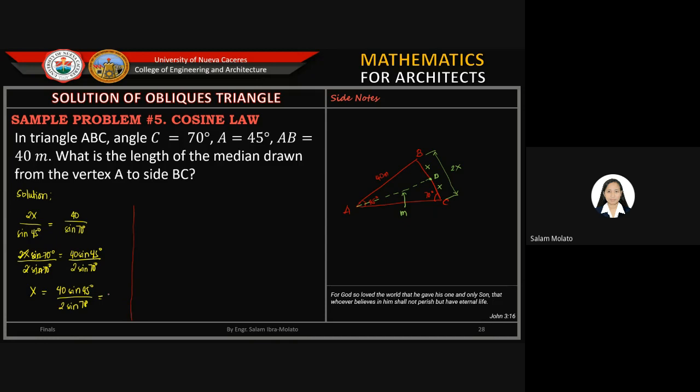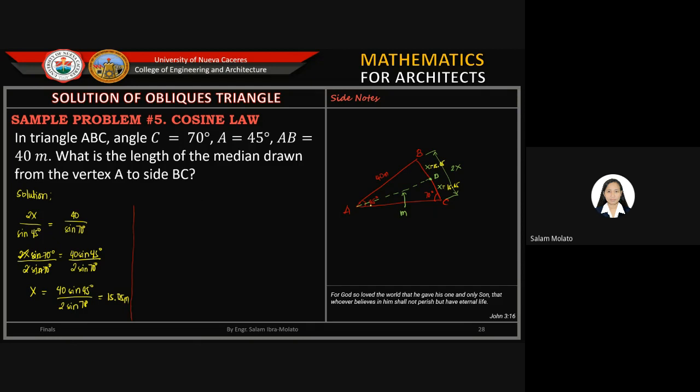Okay, it will give you ilan? That's 15.05 meters. So that's the value of x, 15.05.